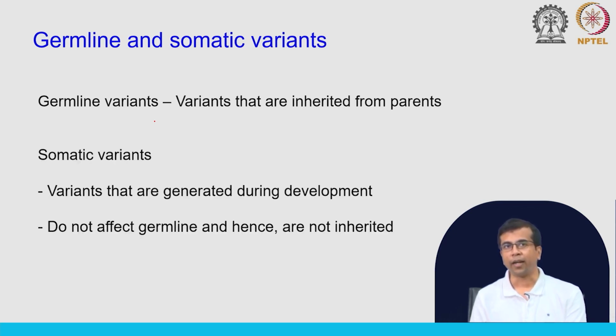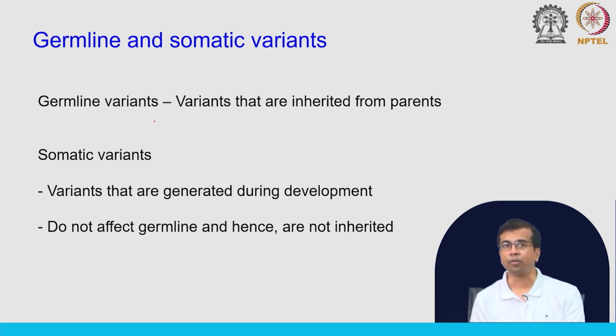Somatic variants, on the other hand, are variants that are generated during the developmental process, during divisions of the cells from the zygote. These variants are not present in the zygote; they originate during the cell division process, because mutations are happening.